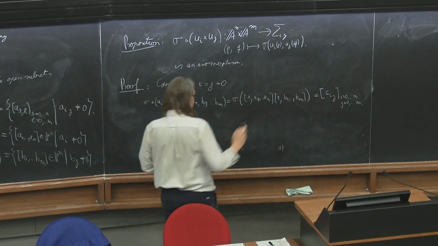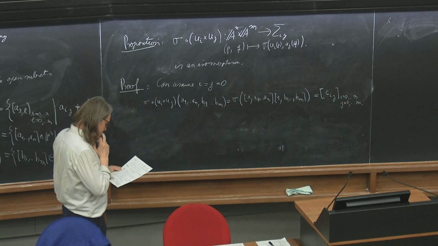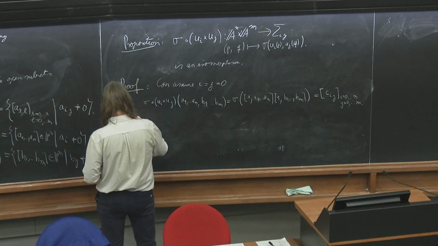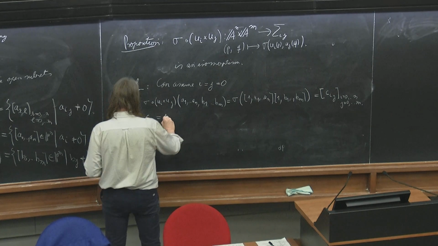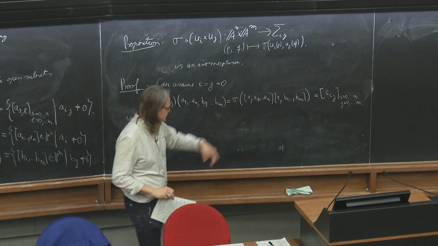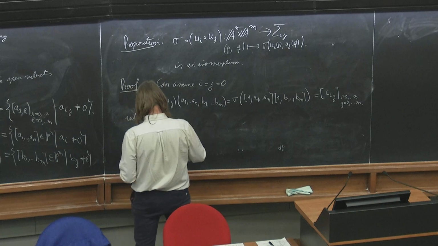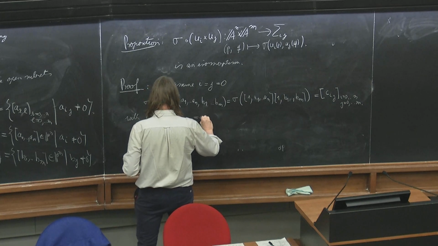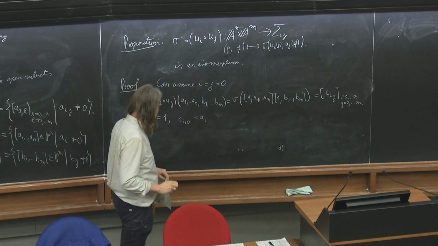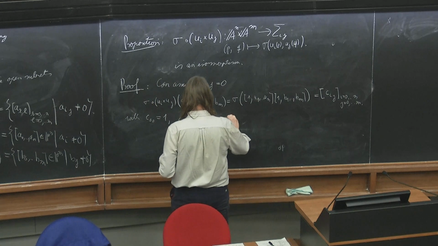And what is this? How does one compute it? Well, we have C00 is equal to 1, because it's 1 times 1. Ci0 is equal to ai for i bigger or equal to 1.